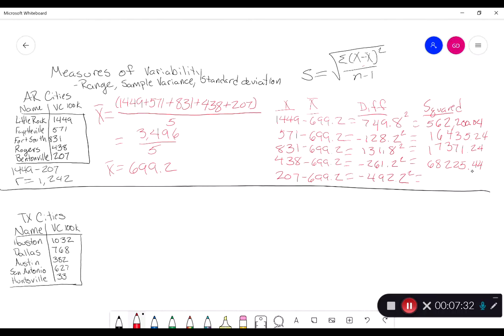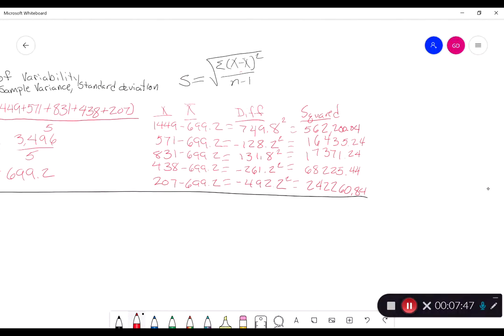And then for Bentonville, our last one, we have 242,260.84. Now that we have all of the squared values for each city, this is when we sum them up.